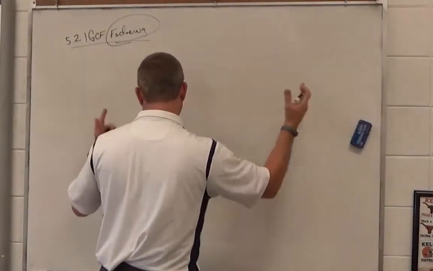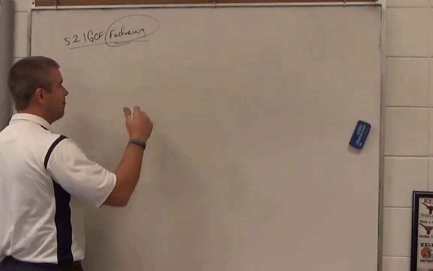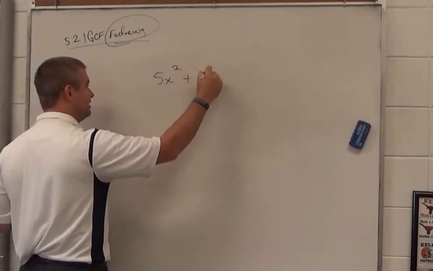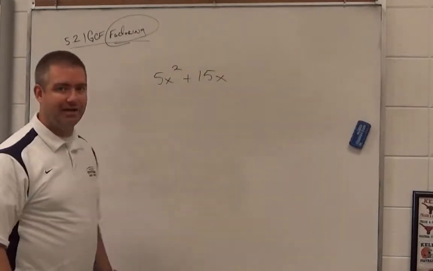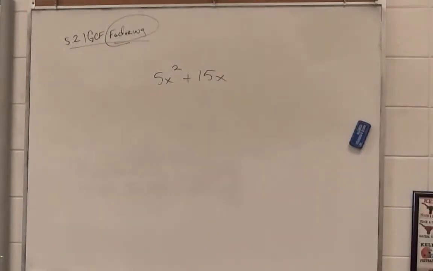Let's do what we're talking about, factoring trinomials in particular. All right, so here's your first example: 5x squared plus 15x. We have a binomial. The directions may say factor. The directions may say factor out the GCF. The directions may say find the GCF.